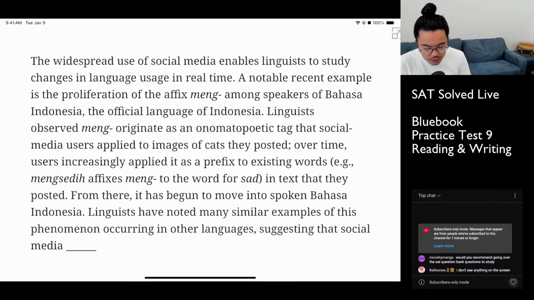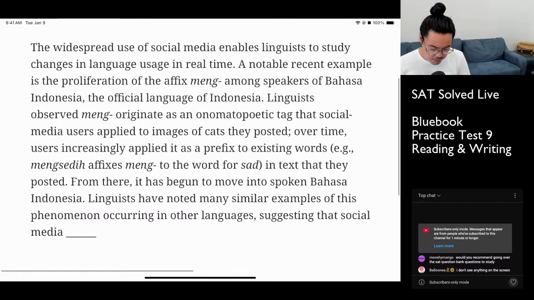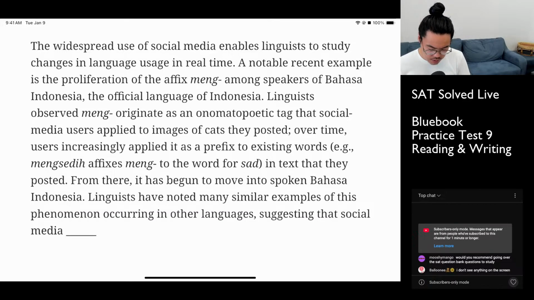The widespread use of social media enables linguists to study changes in language usage in real time. Okay, got it. I think this is the first time I've ever seen this passage too. A notable recent example is the proliferation of Hmong among Bahasa Indonesia. Okay, so it recently got popular, that word, that prefix. Hmong originates as a tag for cats, okay?